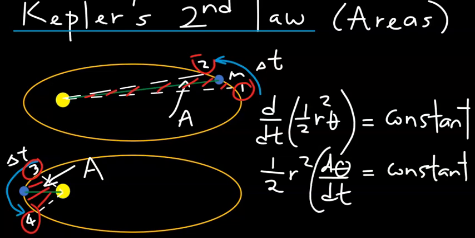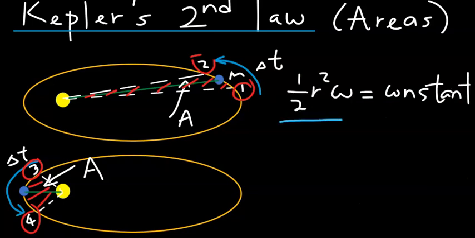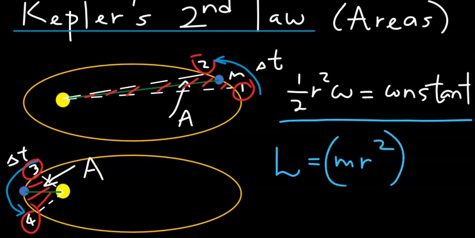But we know that d theta dt is quite simply the angular speed of this planet around the Sun. Thus we can write the following. We also remember that for a particle moving around in an orbit like that, its angular momentum is given as m r squared, which is essentially the moment of inertia, times the angular speed.